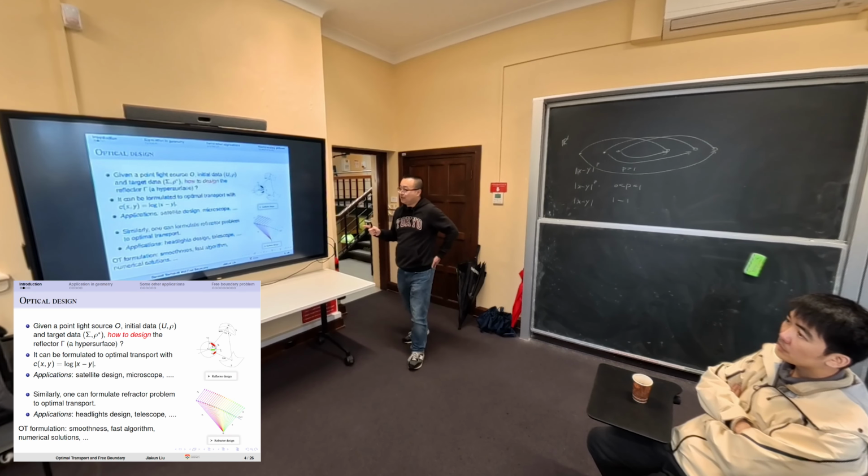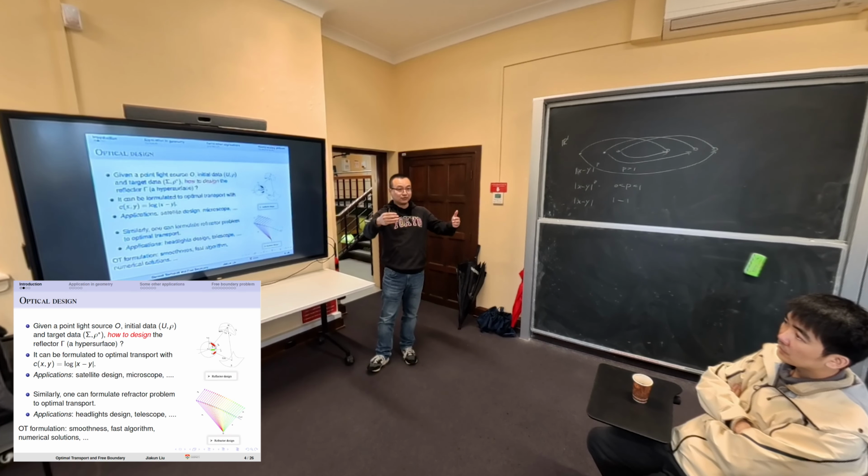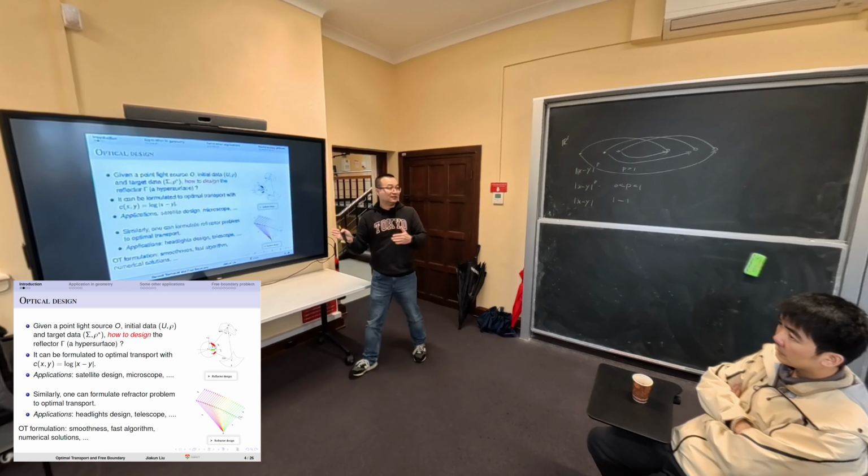This has an everyday application when we drive a car. The headlight is actually not flat, it has a curve, okay? So how to design that curve such that the light is reflected strictly in whatever direction you want, okay? So that's lots of design problems.